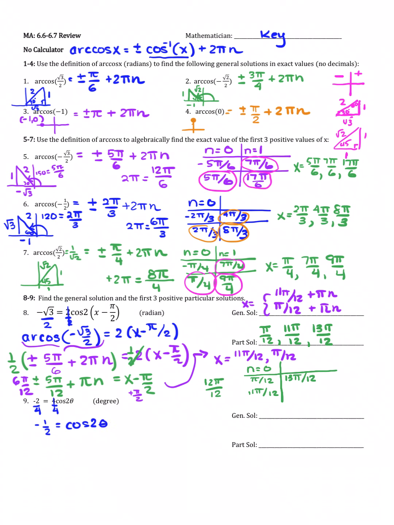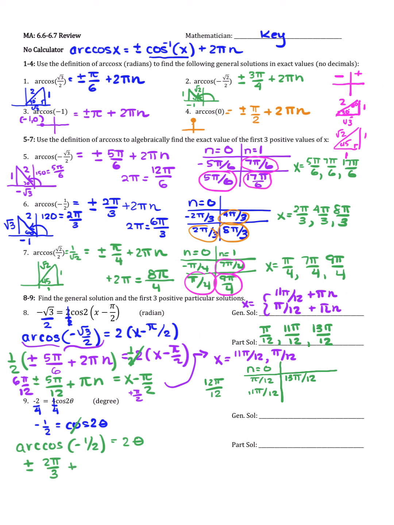And then I have to take the arc cosine of both sides. So I get arc cosine negative 1/2 equals 2 theta. And in number 6, you do have the general solution to this. So this is plus or minus 2 pi over 3, because it comes from the second quadrant since it's negative.